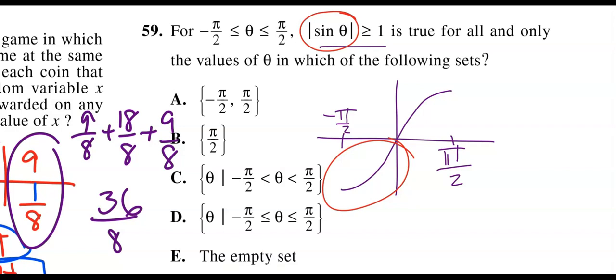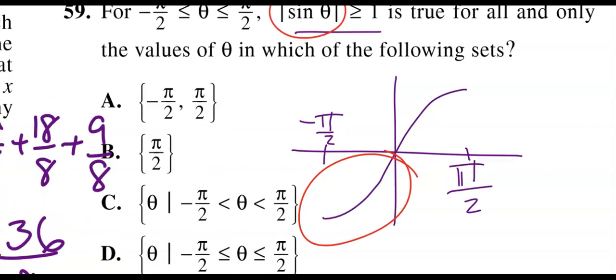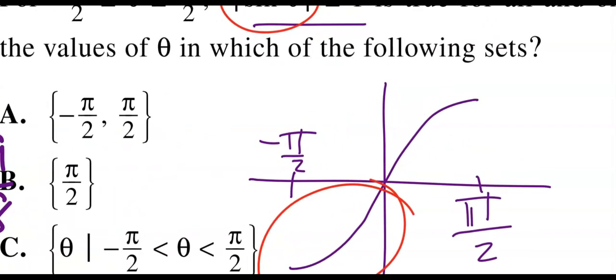All these negatives become positive. So the picture changes. Oh, by the way, that's a 1 right there. That's kind of important. The picture changes to this because of that absolute value.